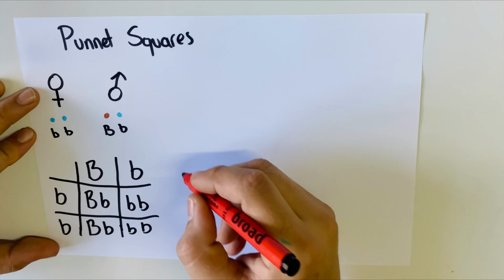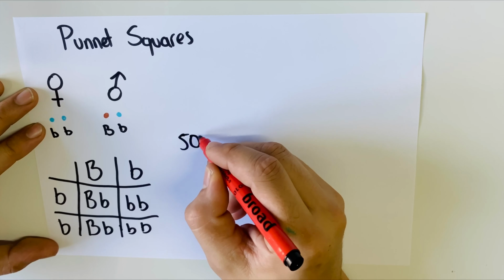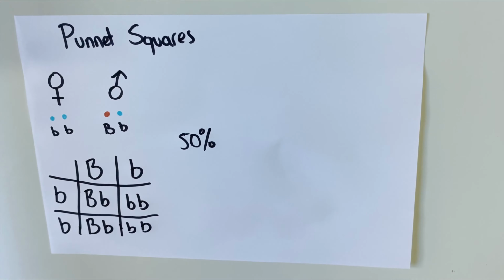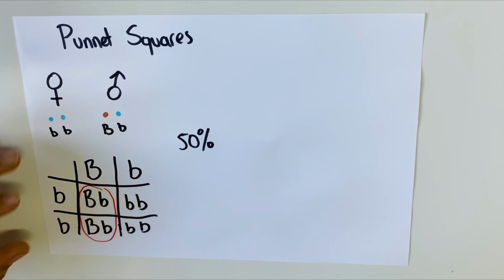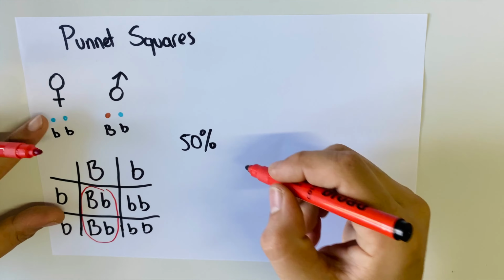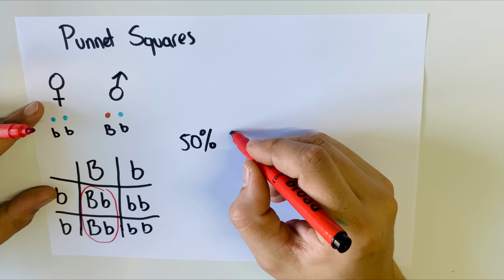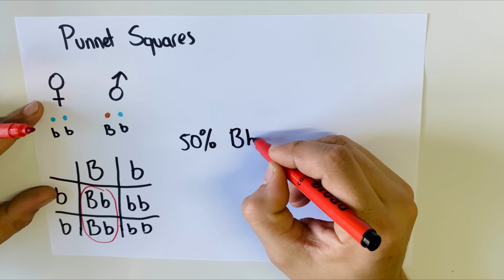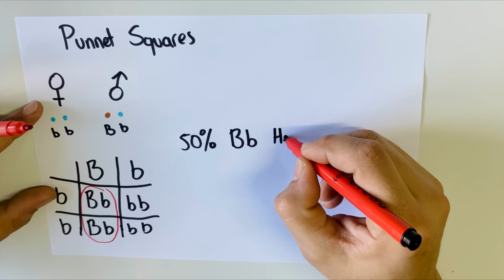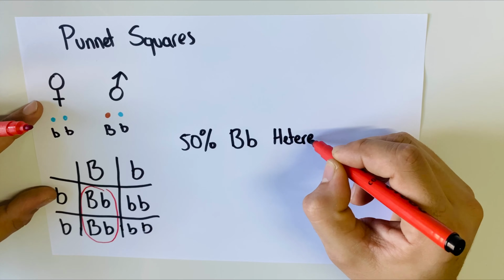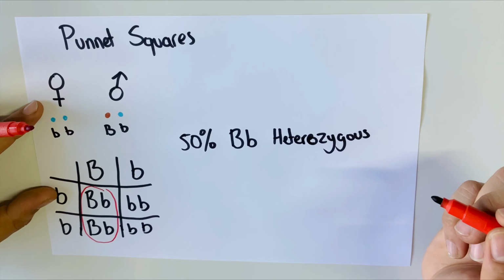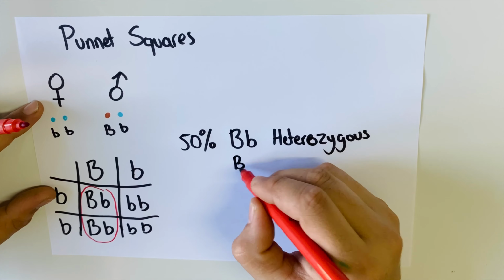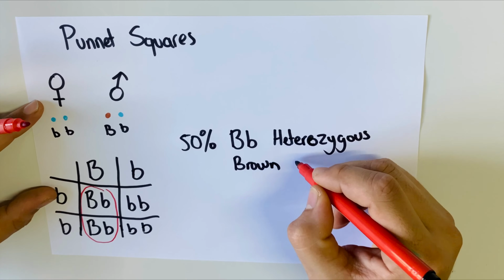What we have is 50% of the offspring are going to be heterozygous, big B, little b, and have the phenotype, the visual characteristic of brown eyes.